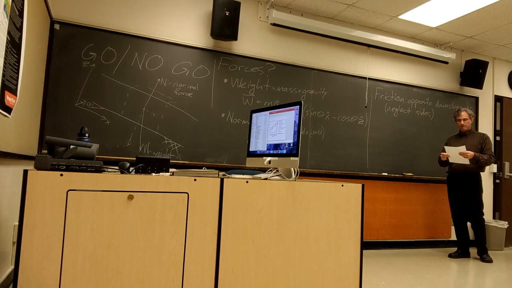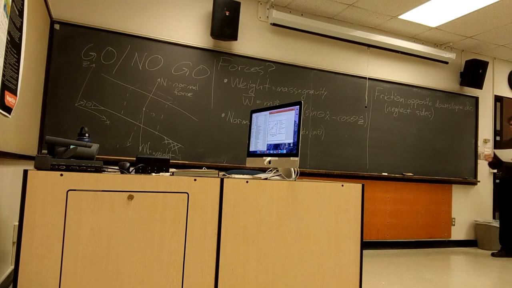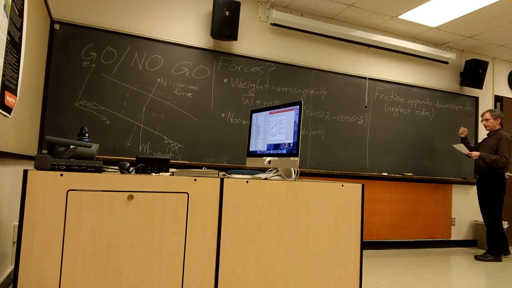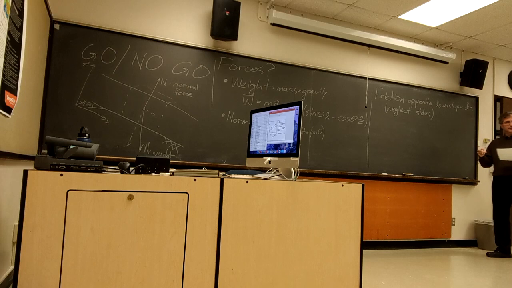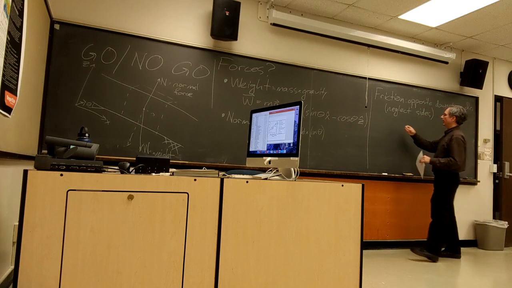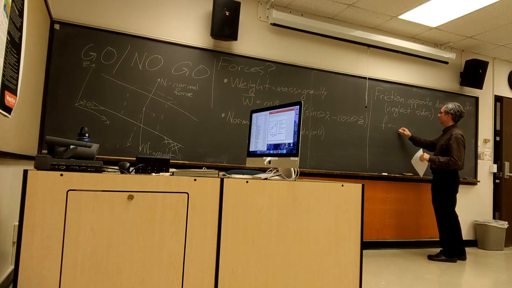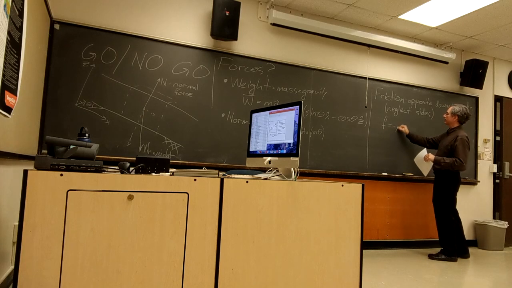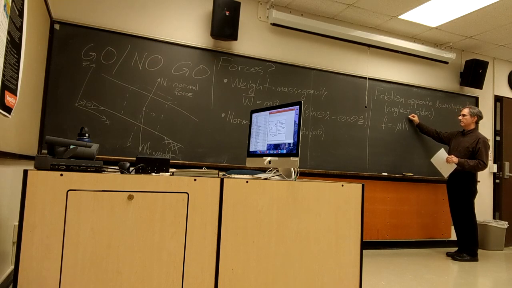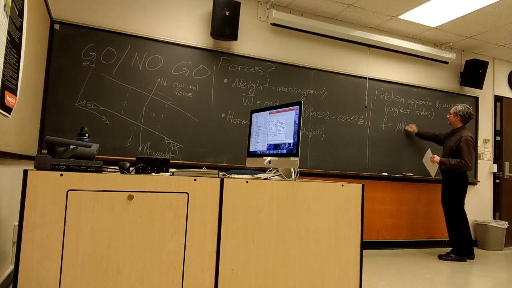All right. So the friction at the base is a fraction of the normal force, but acting in the minus x direction. So if I have a friction force, it's going to be a negative fraction of the normal force, but in the negative x direction.